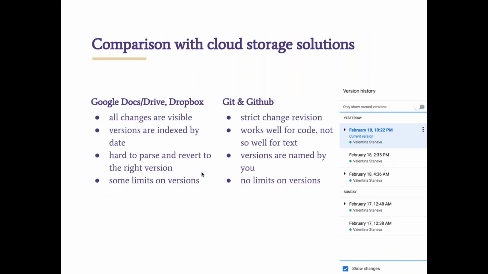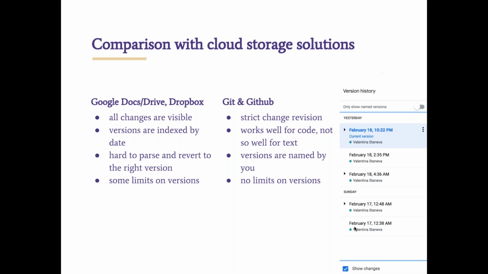Okay, so now let's compare to the other options that we can have. One of them is, why don't we just use Google Docs or Drive or Dropbox? What is the difference? They also have, basically you can see the changes, but the changes are indexed by time.